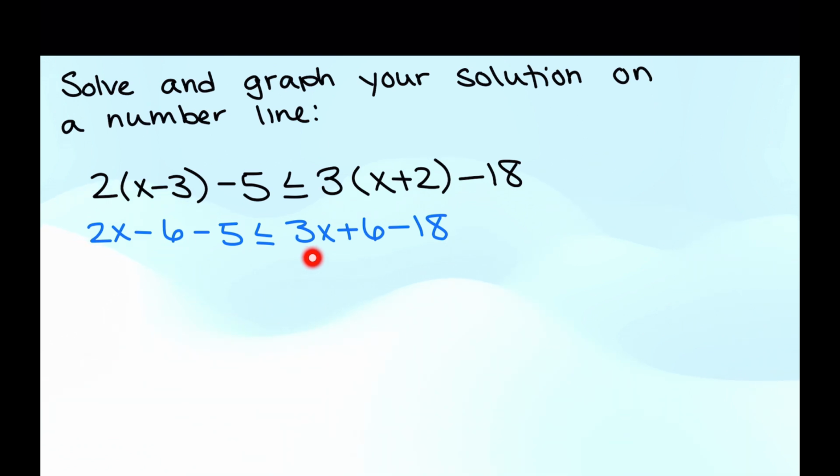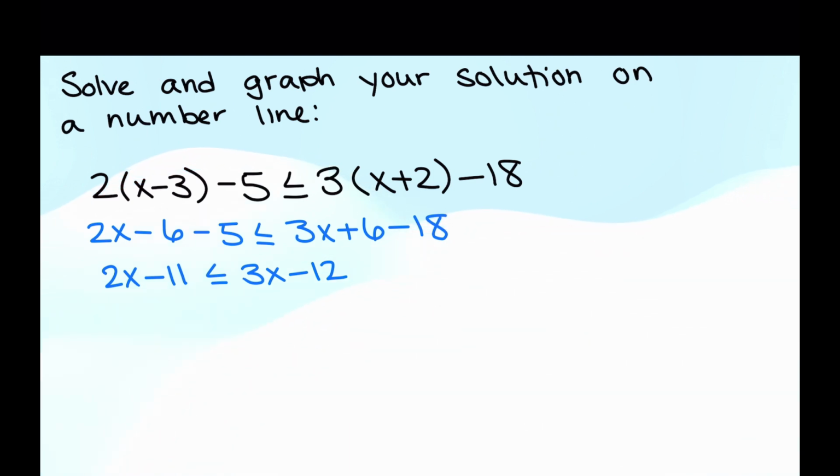And then I'll distribute the 3 to the x plus 2. So that turns into 3x plus 6 minus 18. Now I'm going to combine like terms. So on the left side, I'm going to take negative 6 minus 5, and that gives me negative 11. On the right side, I can combine the plus 6 and the negative 18 to get negative 12.